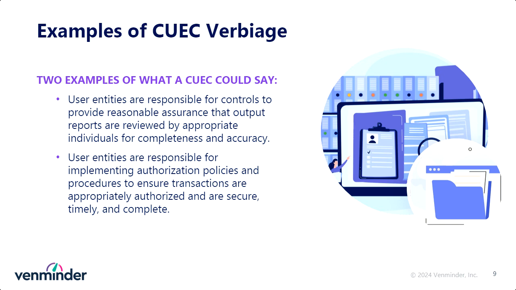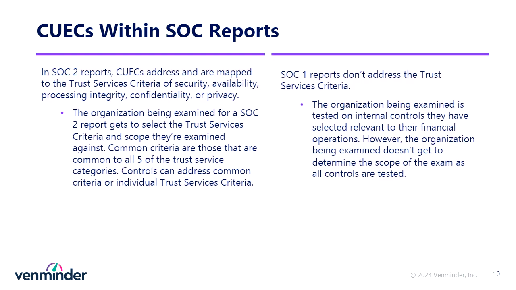So CUEs can exist in either a SOC 2 or a SOC 1 report. Like everything with SOC 2s, there's an element of the trust service criteria. So CUEs in a SOC 2 address and will map to the trust service criteria for security, availability, processing integrity, confidentiality, or privacy.